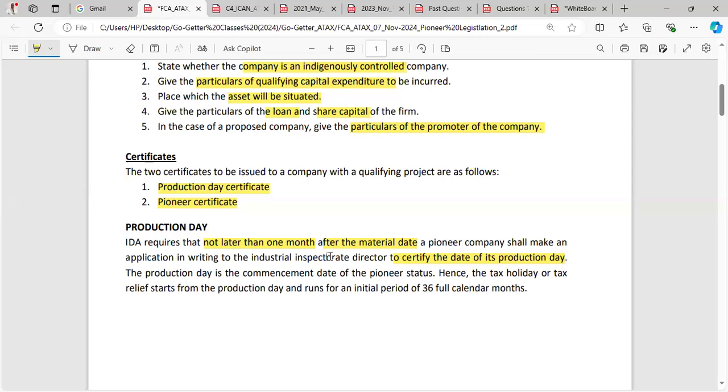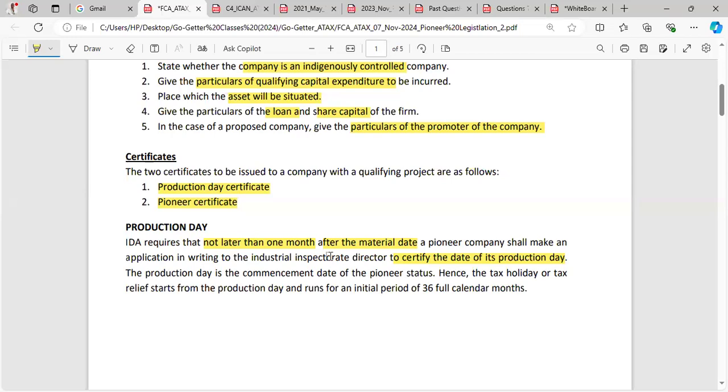So let's say, for example, you started it on May 1, and this place says no later than 1 month. So when you are making this application in writing, it must not go beyond June 1st.